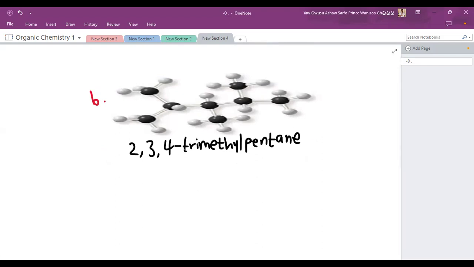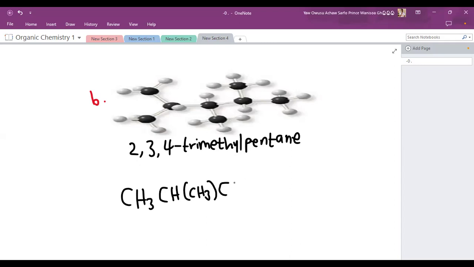For the first carbon, it is surrounded by 3 hydrogens, so CH3. Our second carbon is surrounded by 1 hydrogen and 1 methyl group, so CH3. And then our third one is surrounded by 1 hydrogen and 1 methyl group.